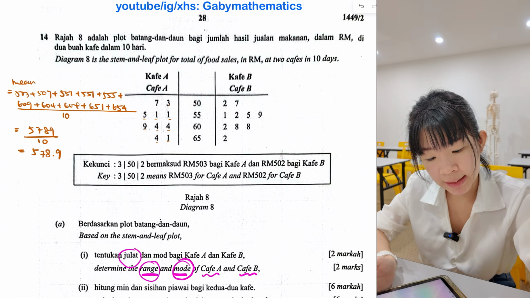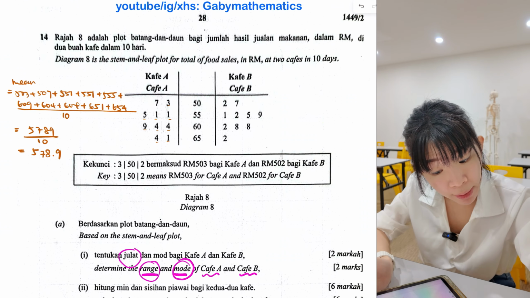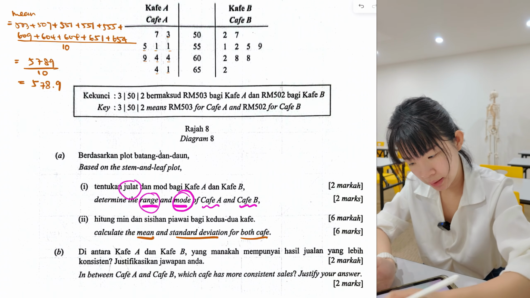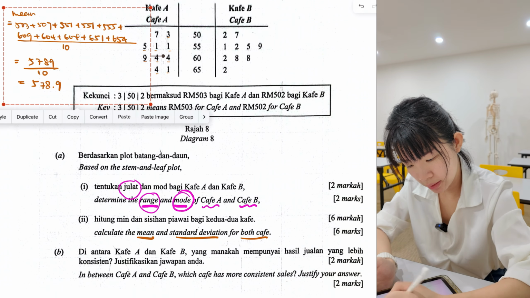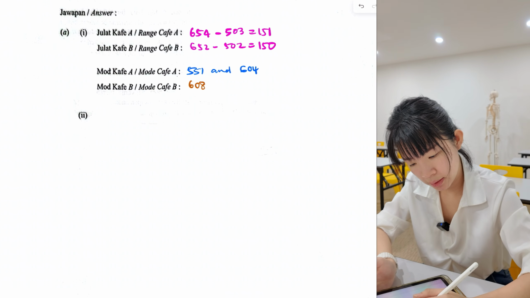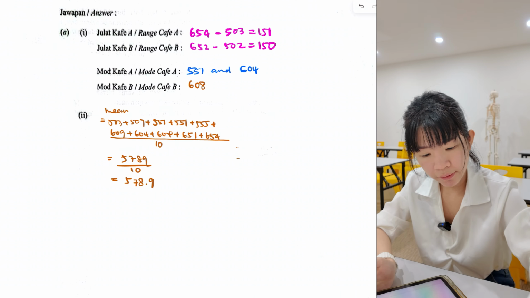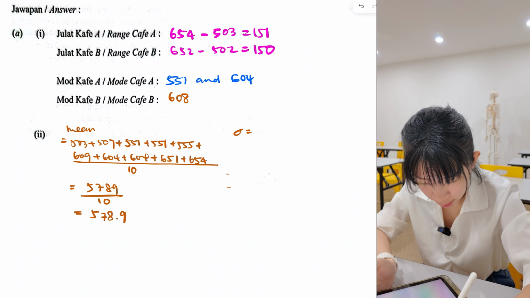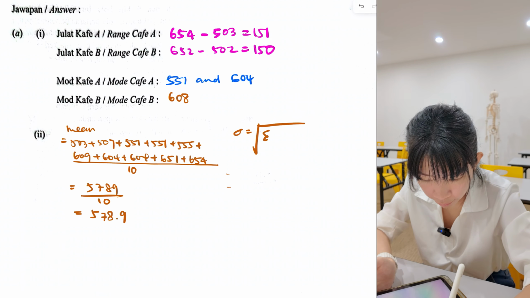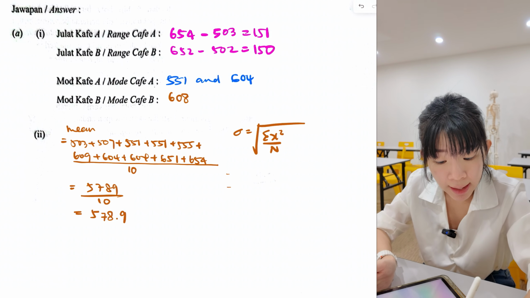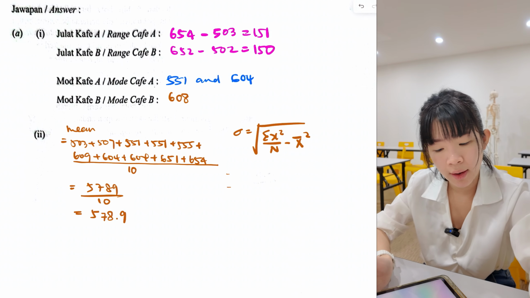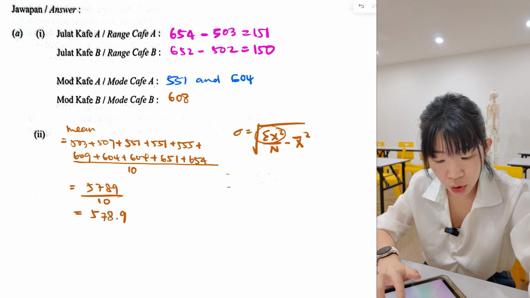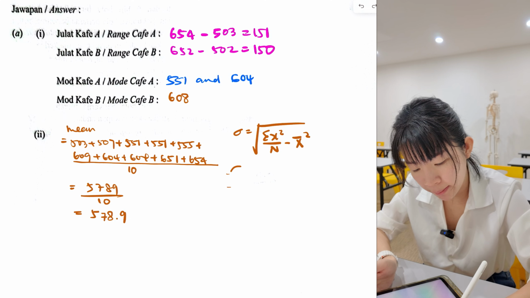Next, we're going to find the standard deviation, sisihan piawai, for cafe A. Do you still remember the formula? The standard deviation formula is square root of sum of x squared divided by n, minus mean squared. The sum of x squared means every data you have to square. There's no shortcut, so you have to square one by one.